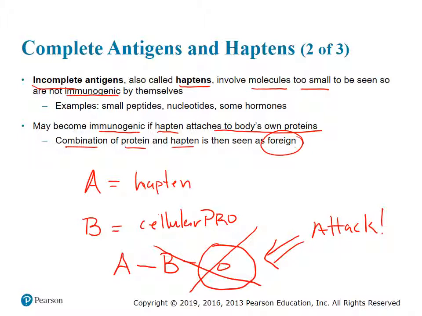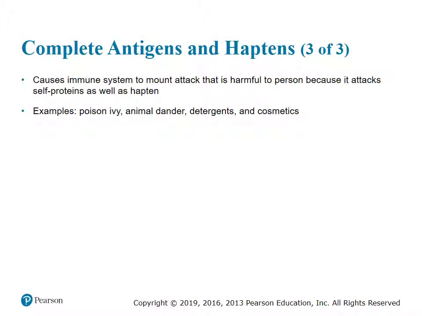That causes damage, and that can lead to damage to the body. We see this, for example, in poison ivy. Poison ivy has a lipid-based chemical that's found on the surface of the leaves of a poison ivy plant.